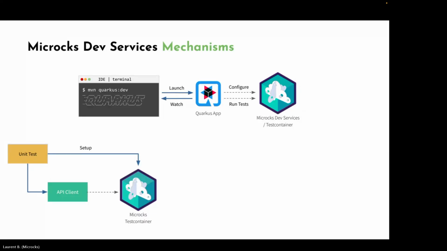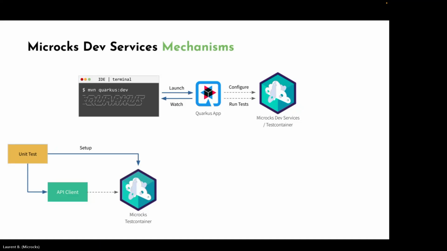Microcks can be totally invisible just behind your Quarkus application. This Quarkus application will rely on base containers for, let's say, infrastructure services like Postgres, like Kafka. But as soon as you have dependencies on other homemade REST APIs or services or whatever, Microcks will be able to start and to serve simulations for these dependencies so that you don't have to pull these dependencies by yourself.